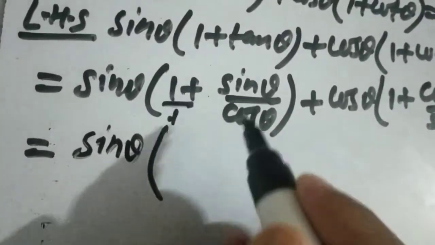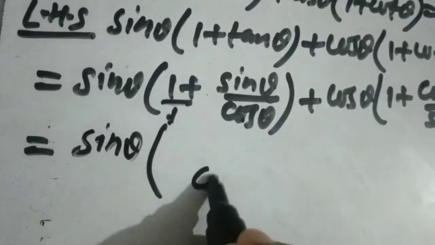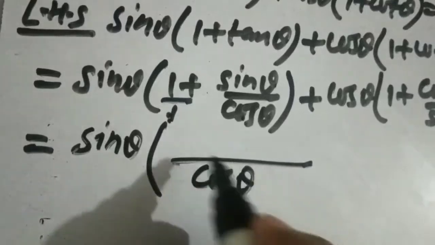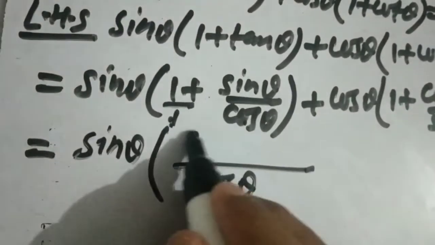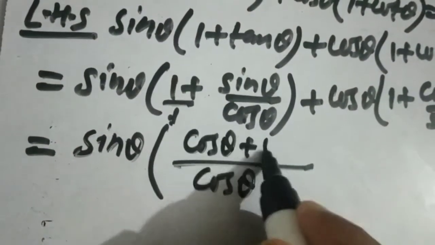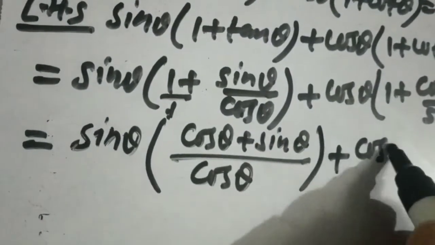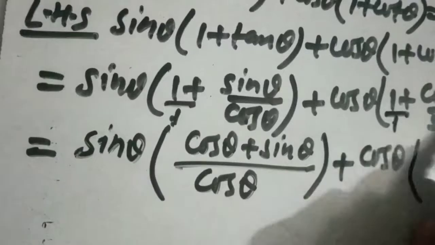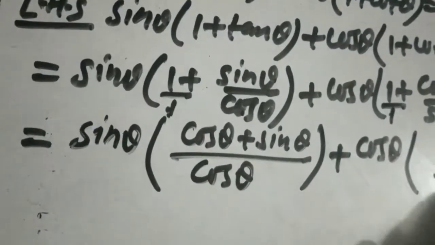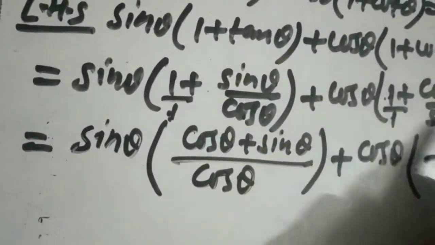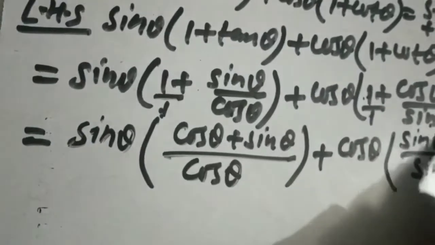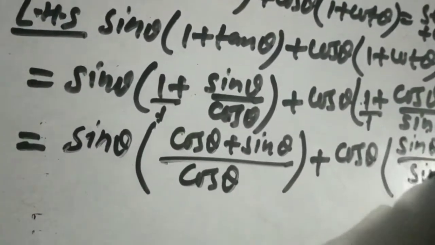The LCM of 1 and cos theta will be cos theta, so here we will have sin theta into (cos theta plus sin theta) upon cos theta, plus, with LCM of 1 and sin theta being sin theta, cos theta into (sin theta plus cos theta) upon sin theta.